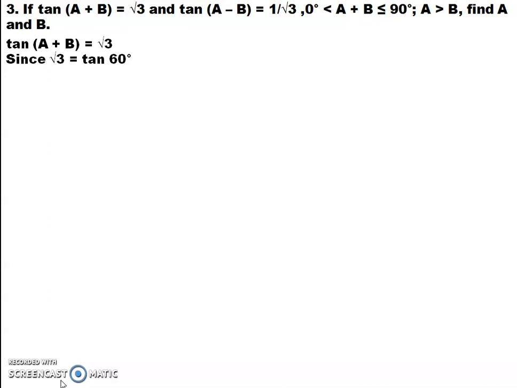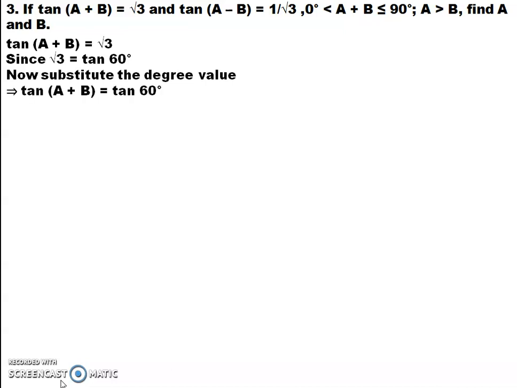So how can you equate A + B is equal to 60 degree? Here you have the equation as tan(A + B) is equal to tan 60. So A + B is equal to 60 degree. Take this as the first equation.